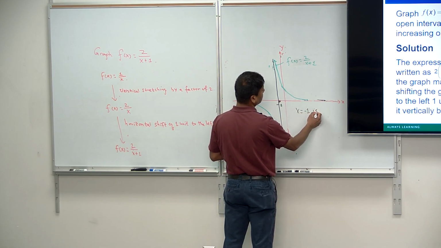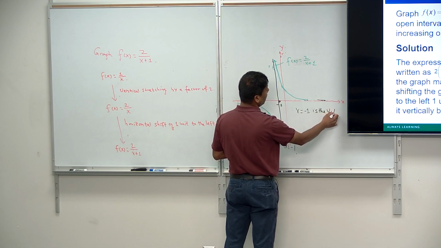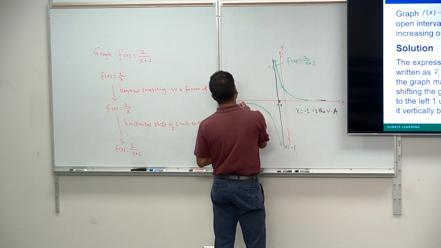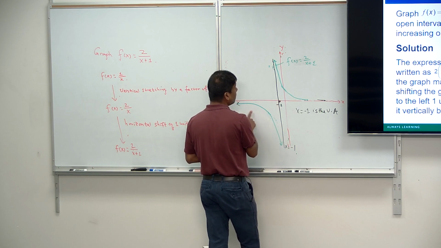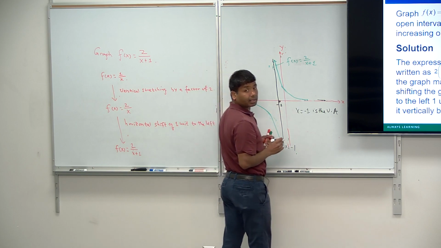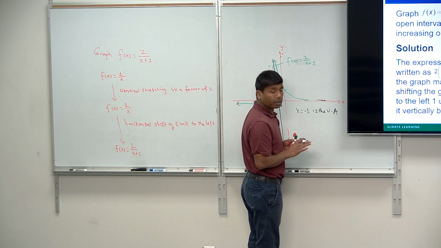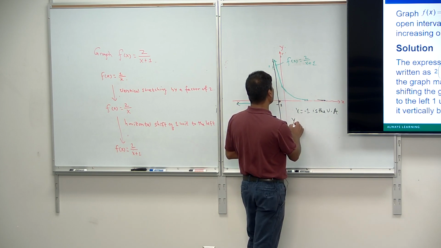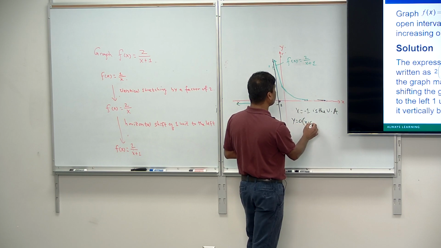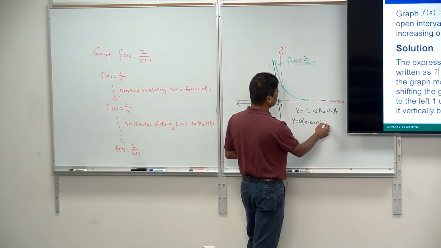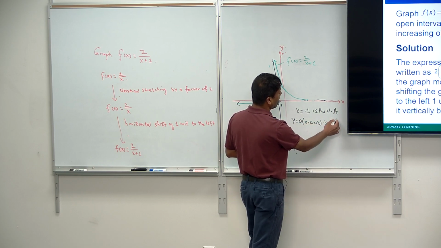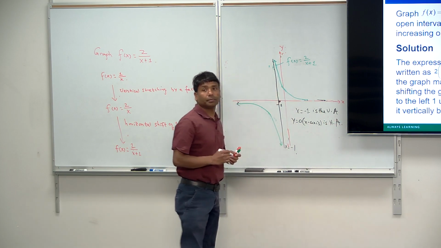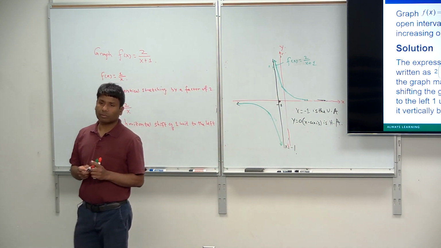And then if you look here, the graph never intersects the x-axis. It's pretty close, but never intersects the x-axis. So y equal to 0, which is the x-axis, is the what? Horizontal asymptote. Make sense?